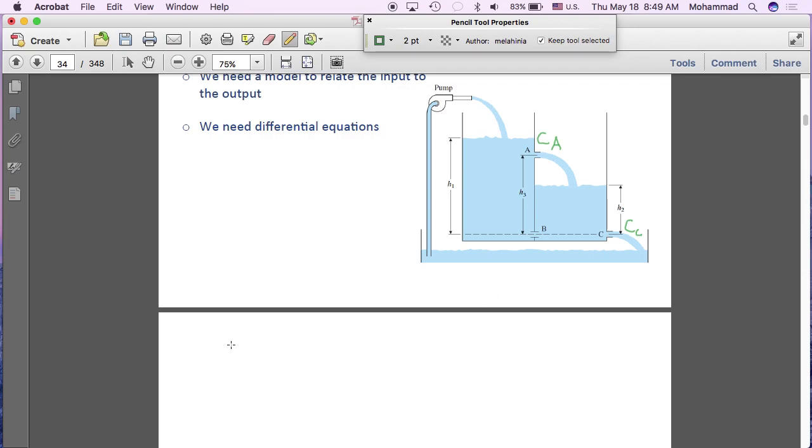So should we start? What is the first equation that we can write for the first tank? To give you a bit more information, you need the cross-section area of this tank. Call it A1 and this A2.